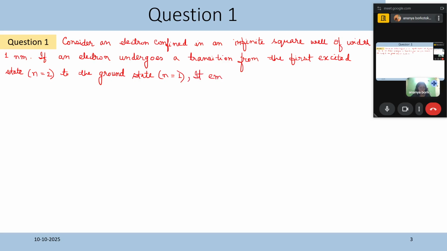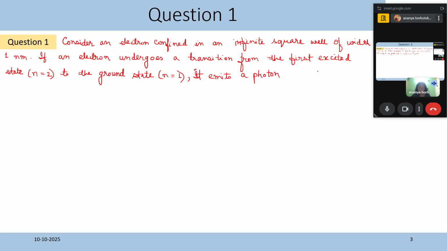When an electron undergoes this transition, it emits a photon. There is a change in energy between the n equal to 2 state and the n equal to 1 state. That energy is released in the form of a photon.